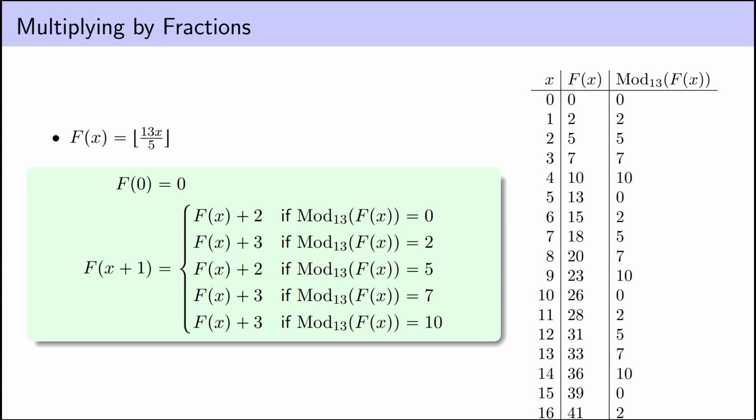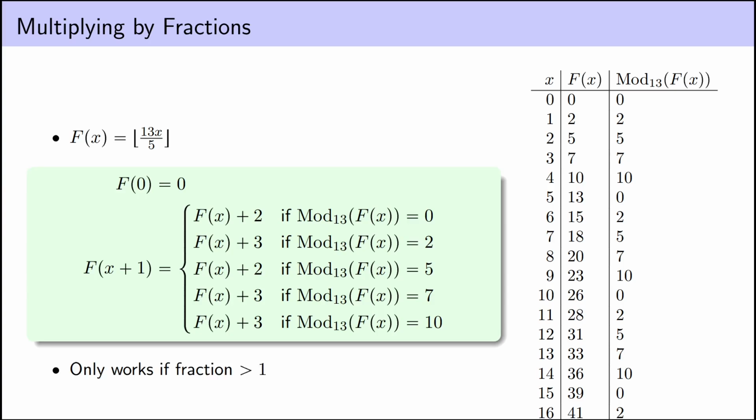So to define f of x plus 1 in terms of f of x, we first look at the remainder of f of x modulo 13, and that tells us where we are in the cycle, and then add the appropriate value using our conditionals. Again, we have to go through this extra work here because we can only define f of x plus 1 in terms of f of x. We're not allowed access to x in our definition.